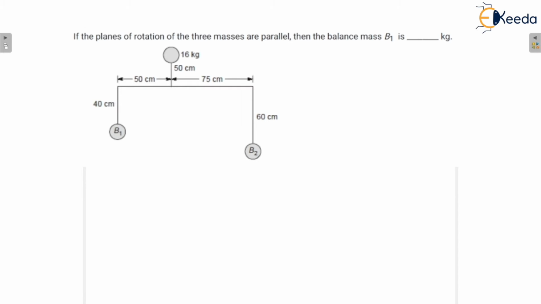Here we can see that the B1 mass is not given and the B2 mass is not given. So we can take a moment.